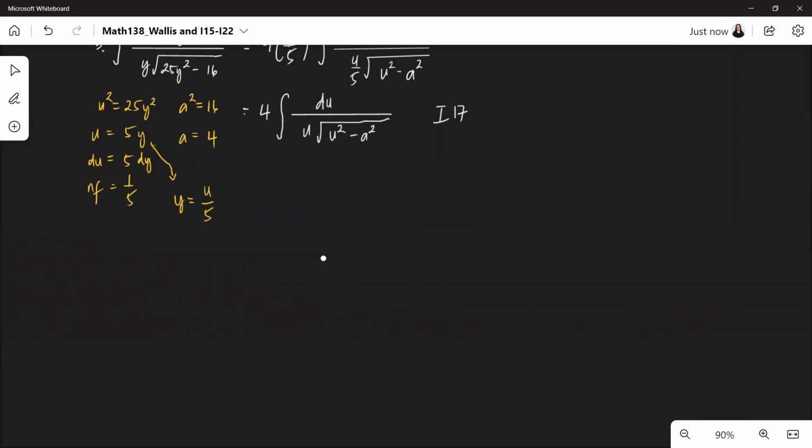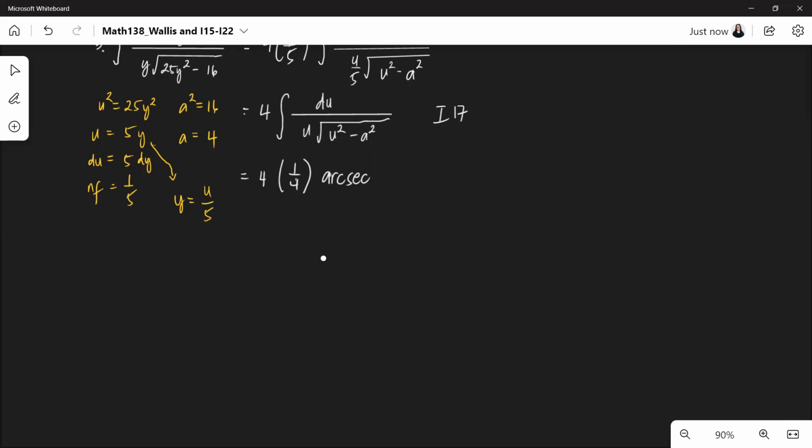So we get 4 times 1 over a, so it's 1 over 4, times arc secant. If you want to use the negative 1 power for arc secant, you can also do that.